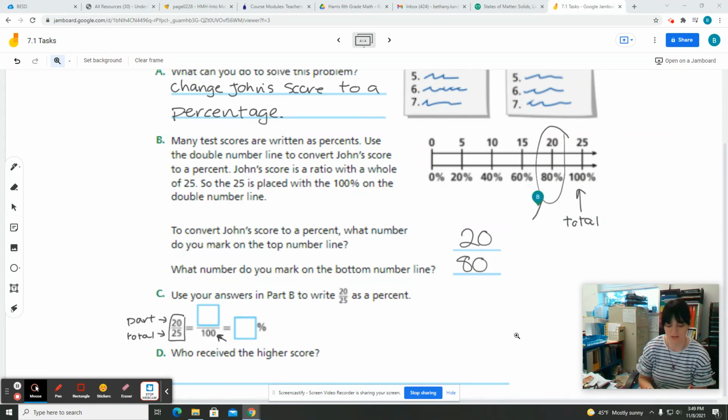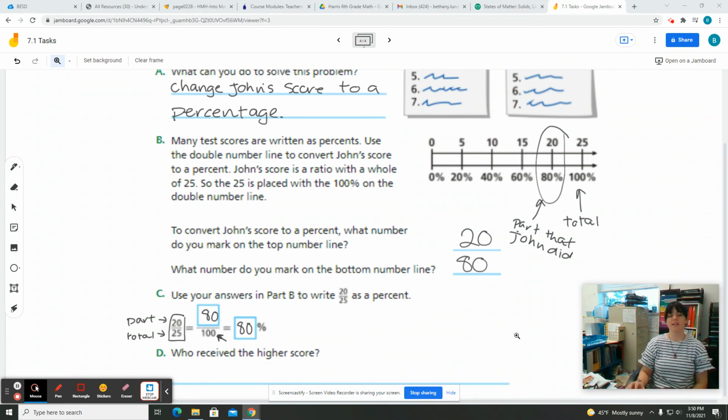This is the part that John did. So we're going to put 80 here because it's 80 out of 100, right? 20 out of 25 equals 80 out of 100. Now, you guys know that a percentage is a number out of 100. So we're going to put 80 right here because 80 out of 100 is equal to 80%.